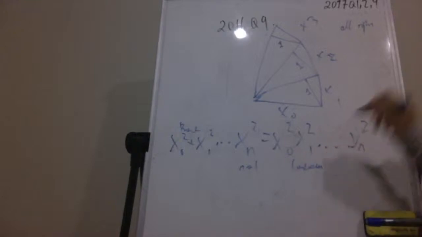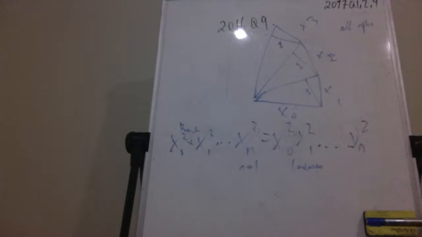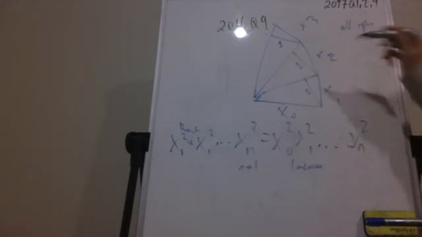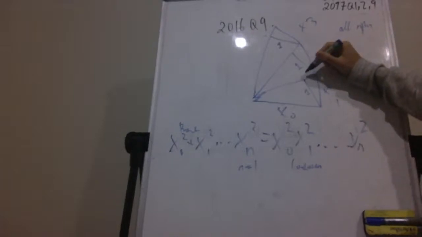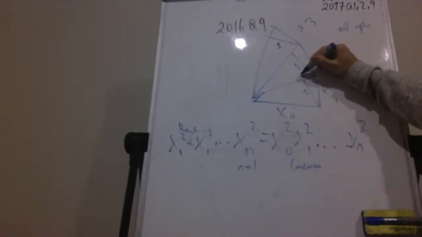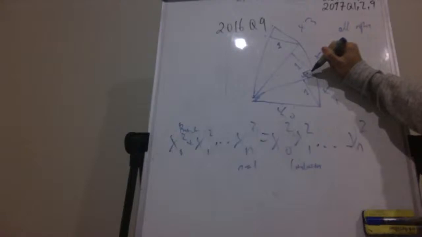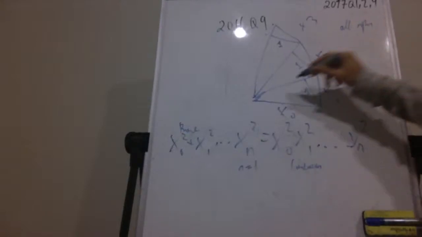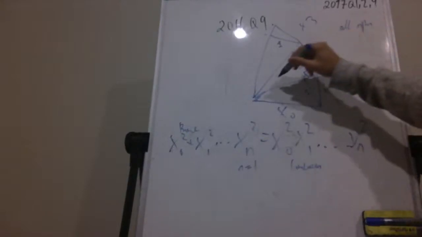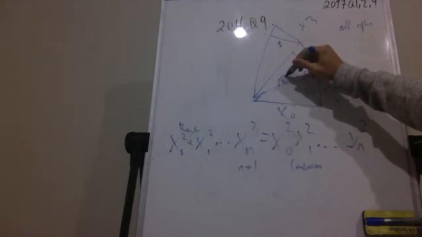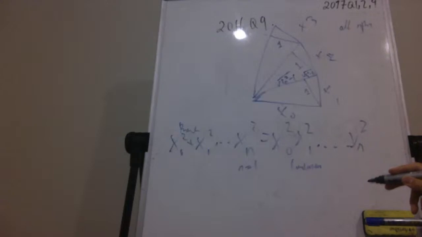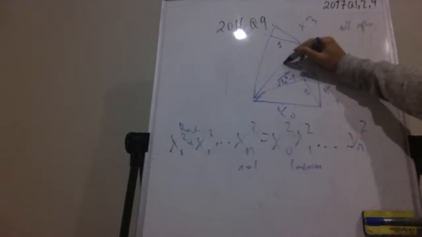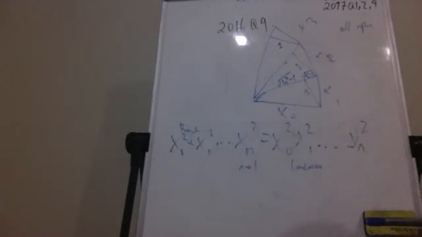So basically, let's just see for this triangle, right? This is 1, this is x1. So that's just going to be root of x1 squared minus 1, and that is just root of x0 squared minus 1. And all of this is equal to the area.